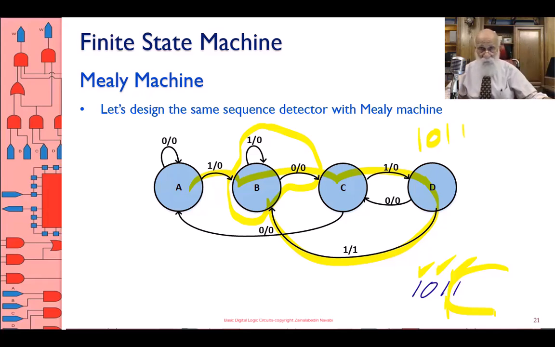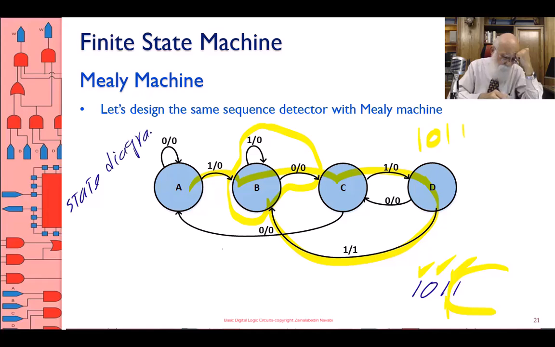So let's do, remember, this is the state diagram. State diagram, that's the front end of our processing. Then we do state table.